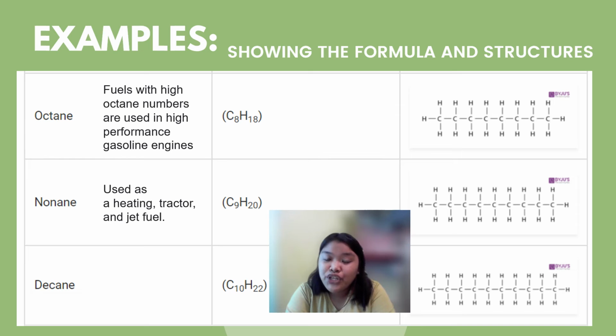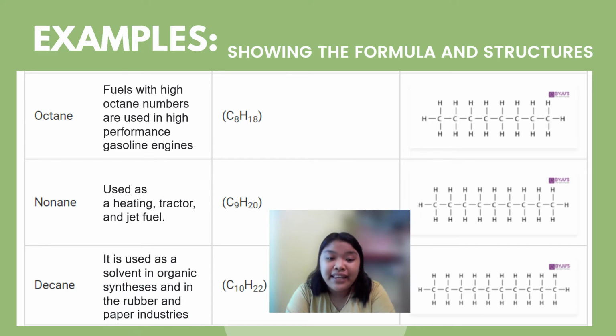Nonane class is also used as a solvent, distillation, chaser, fuel additive, and a component in biodegradable detergents. So, next, decane. It is used as a solvent in organic synthesis and in the rubber and paper industries. No? Very useful kaayo ang alkanes in our daily life.